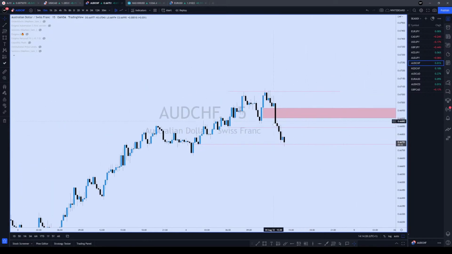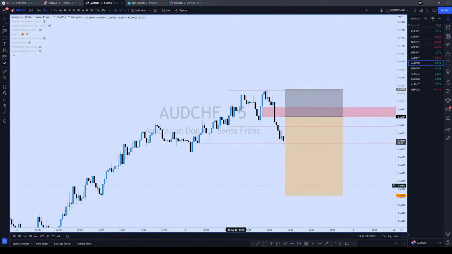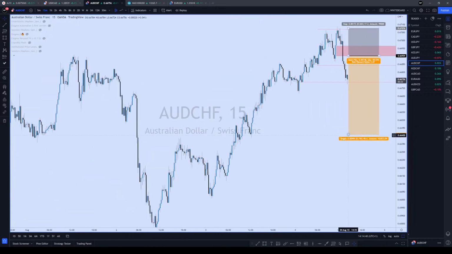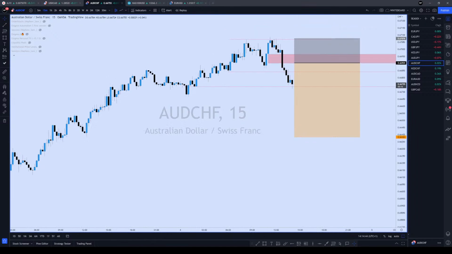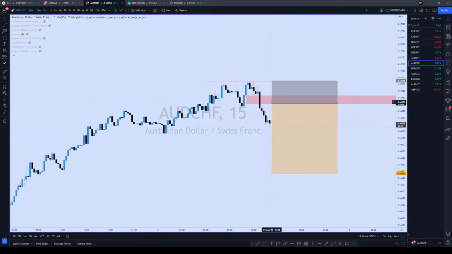So if we do retrace back up in here, I will attempt a sell and then see. Okay, so if we do retrace back in there, I will attempt a sell in here. Okay.